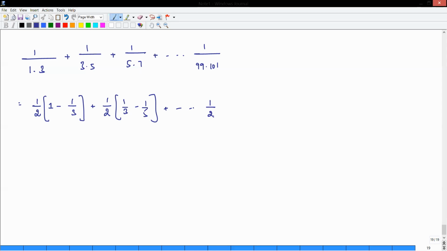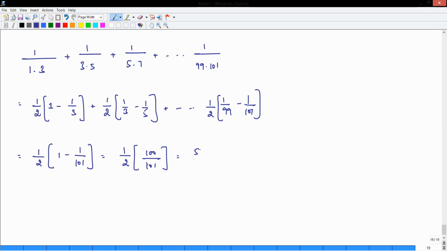Again, if you're going to take common of 1 by 2, it's going to be first minus the last, by 101. So 50 upon 101 is your answer.